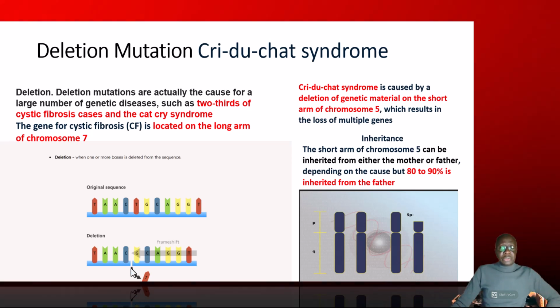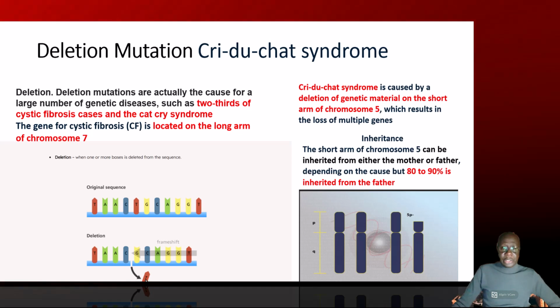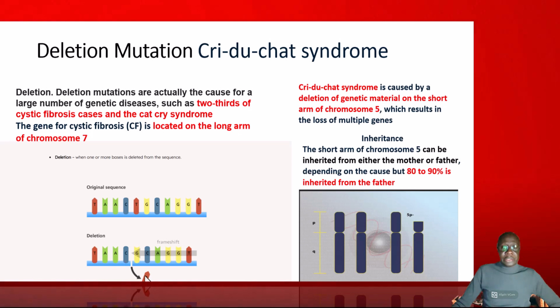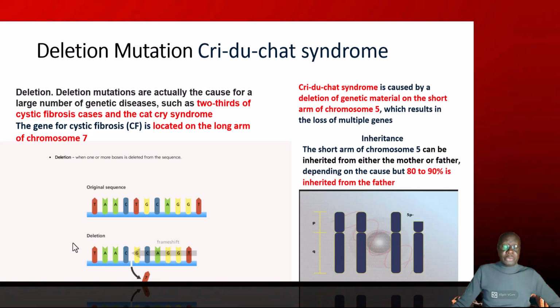Now, a deletion is a frame shift, as I said. Like if this molecule, which is this T, was supposed to be here, as this is the original one, you have TAACT. Now you have TAAC and the T is deleted. So it is going to shift the frame to the left because you need 3 base pairs to make a codon. So you have 1, 2, 3.